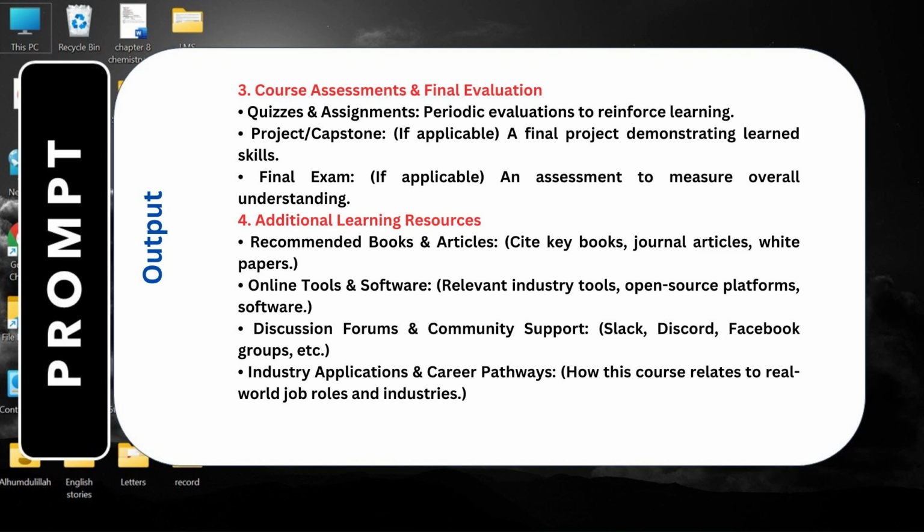Then we have our course assessment and final evaluations, like if there would be a quiz, what type of quiz it would be, and the final exams or the final project. The course outline will provide this information. And lastly, we would have our additional learning materials. The course would suggest some additional books, articles, and suggested readings. It would provide all the tools.